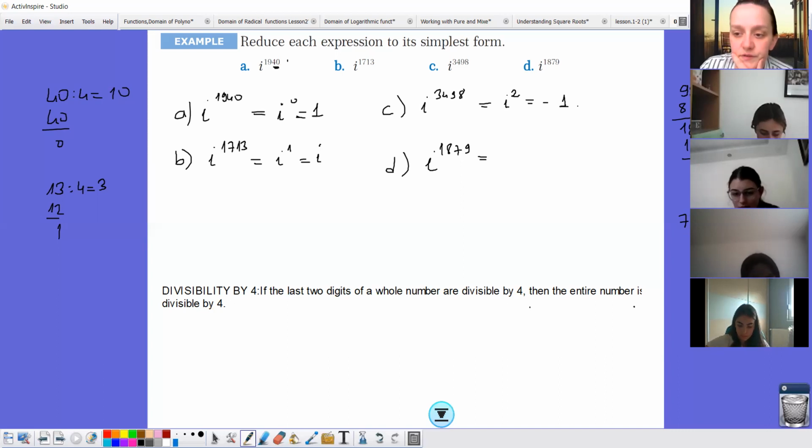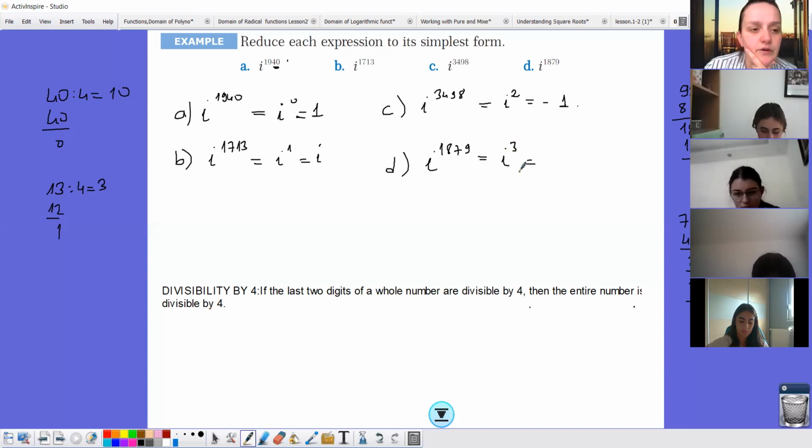The remainder is 3. Let's do it together. How did you do it? 39, so 9 times 4 is 36. And the remainder is 3. So it will be i to the power of 3.